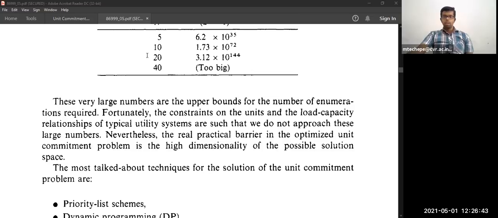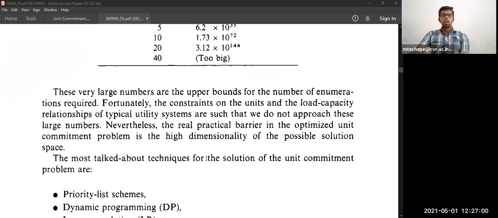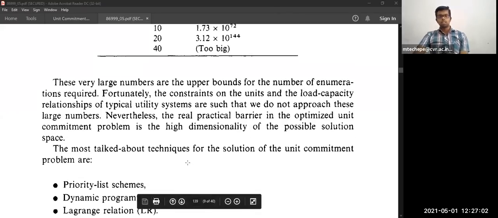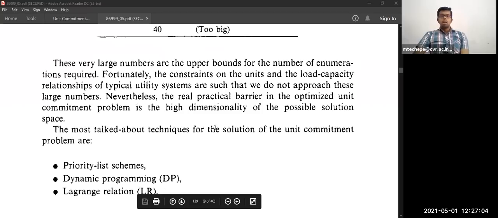So that's why, if there are 40 generating units, in that scenario they will go for groups like 10, 10, 10, 10, that is 10 into 4. That is also very difficult, but that is how they may go for the combinations.